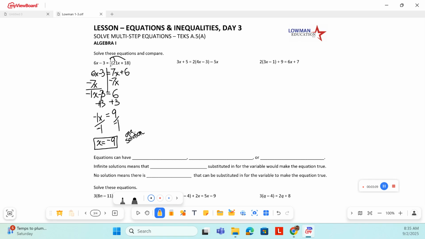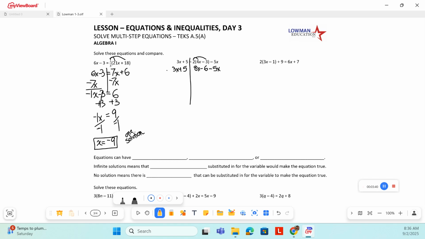Let's look at the next one. Going through our steps, we have some distribution to do first. So 2 times 4 gives me 8x, and 2 times negative 3 gives me a negative 6. Then I'll copy the rest on this side, minus 5x, and then on the other side I have 3x plus 5.